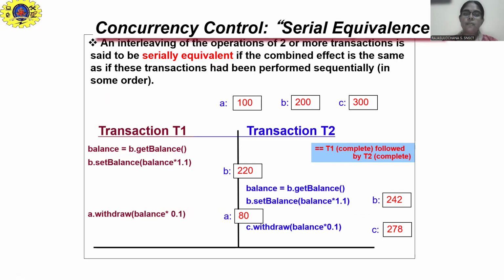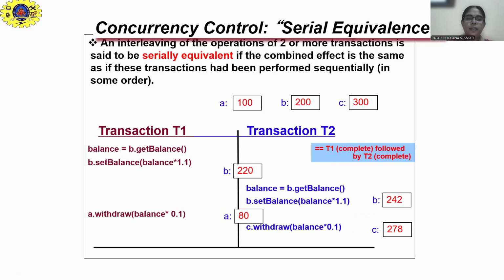If they are performed serially in order and give the same result as when they are performed concurrently, then those two transactions are called serially equivalent. Now see, the same balances are in accounts A, B, and C: A with 100, B with 200, and C with 300. Just by looking at the example, you should be able to tell if it is a concurrent or serial transaction.